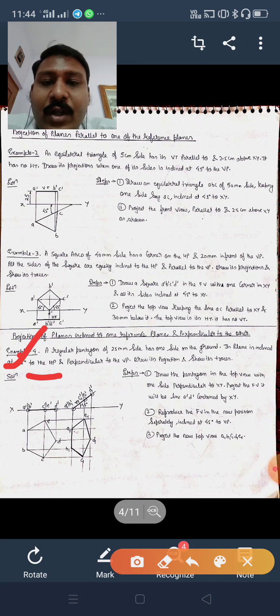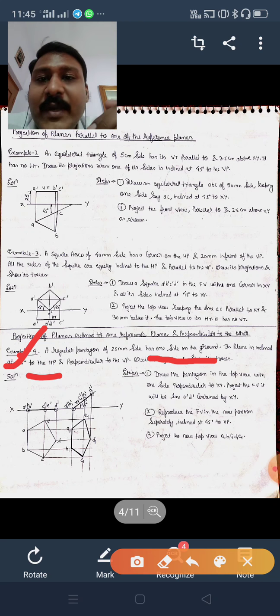And how do you draw the object? It is written that a regular pentagon of 25 mm side has one side on the ground. Ground means reference line and in HP. It means you have to draw on the reference line only.